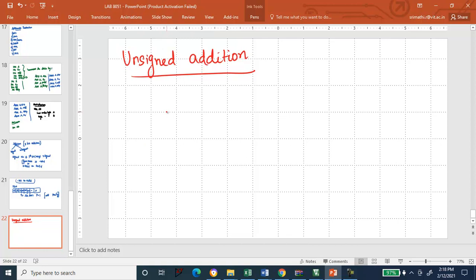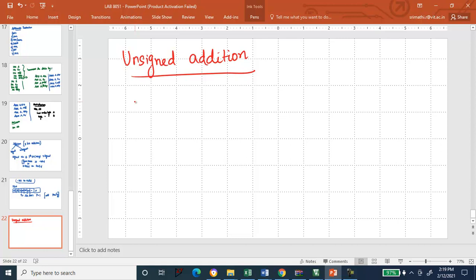Keep in mind, for unsigned numbers, if there is an overflow, the carry flag will be set to 1.